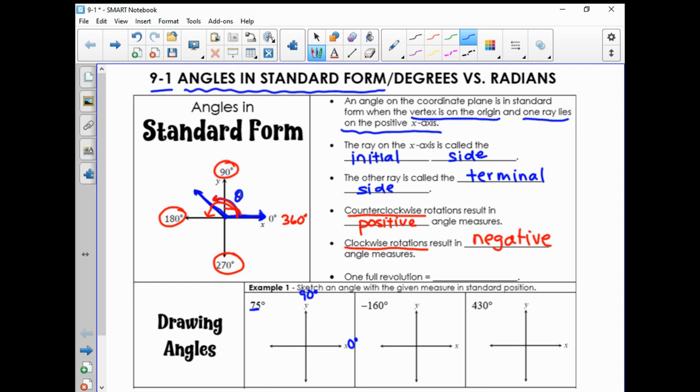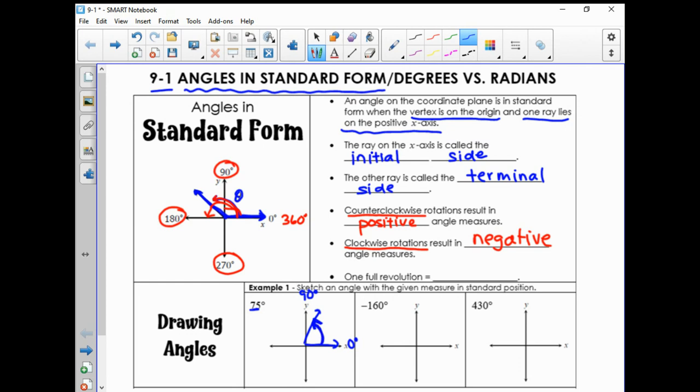Here's our initial side. You're going to have a line right up here, about right there, and then you just draw an arrow saying it's that angle. That's all they're asking you to do. You just start on the initial side and go to that terminal side line.